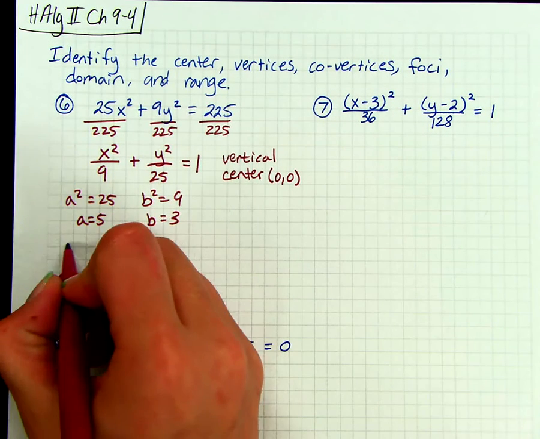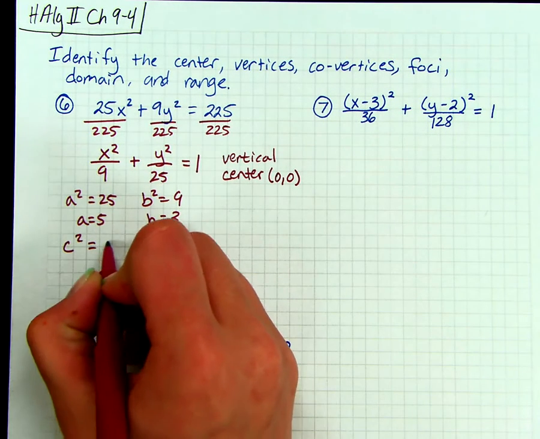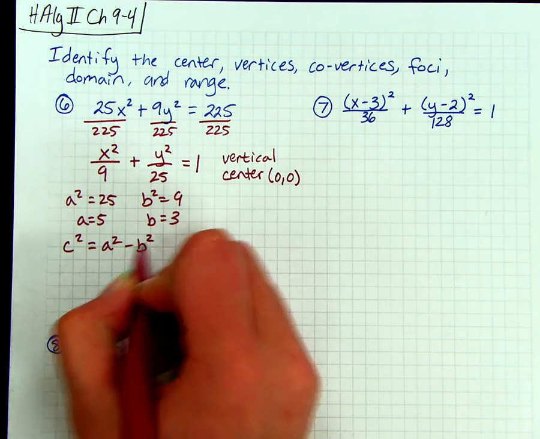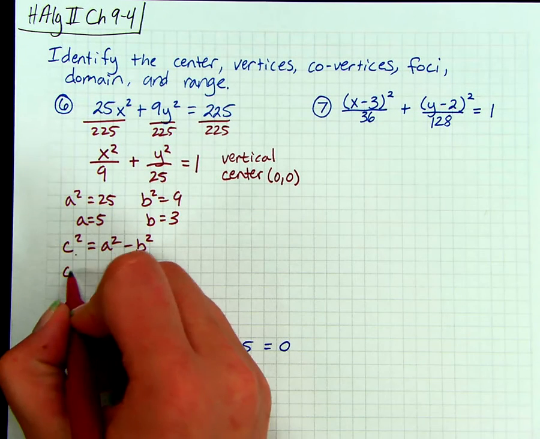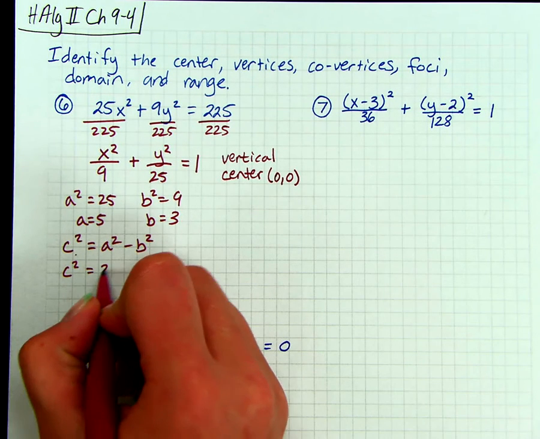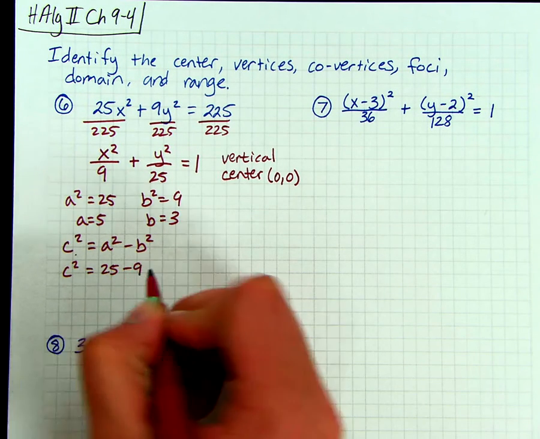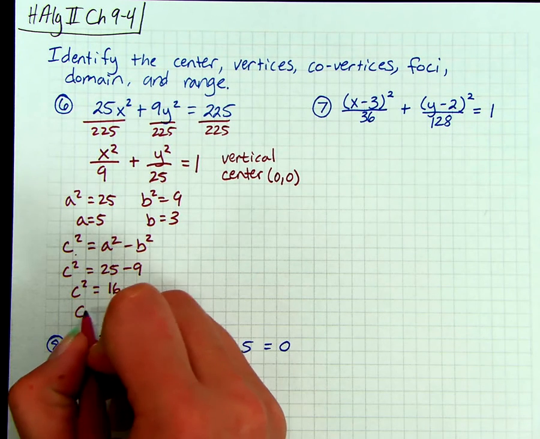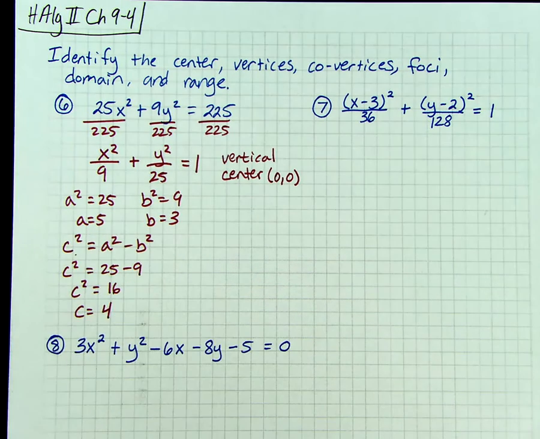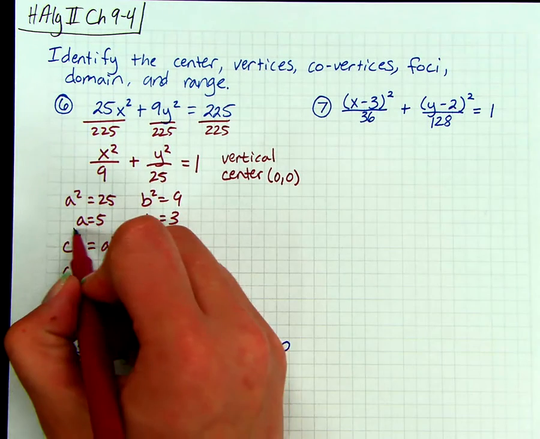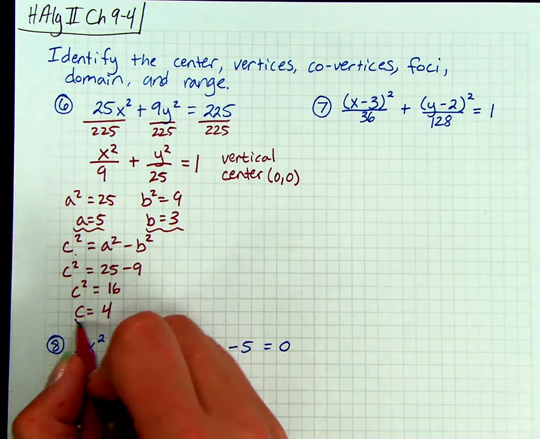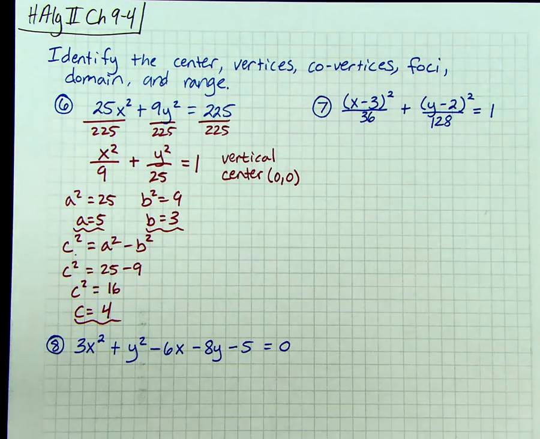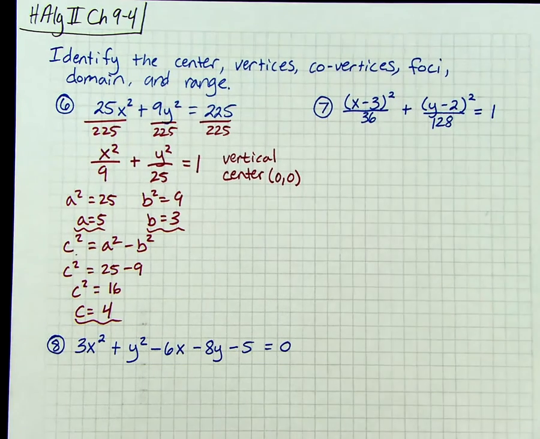So we're using the equation C squared equals A squared minus B squared to help us figure out C. So C squared will be 25 minus 9. So that is going to give us C squared equals 16, so then C would have to be 4. So again, we're using the A, the B, and our C now to find the rest of our information along with our center.